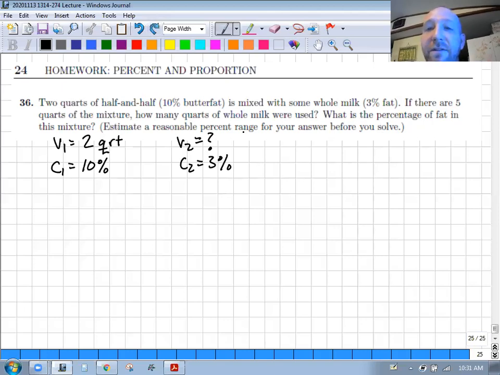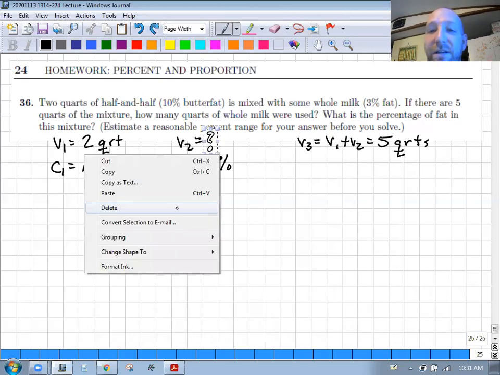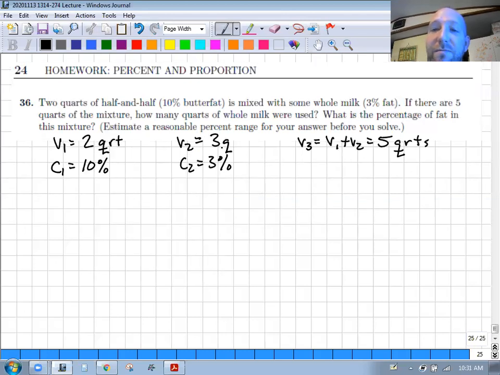All right, if there are 5 quarts in the mixture, so V3, V1 plus V2, is 5 quarts. How many quarts of whole milk were used? Well, if you're taking 2 quarts and adding to it something and getting 5 quarts, clearly V2 has to be 3 quarts, right?